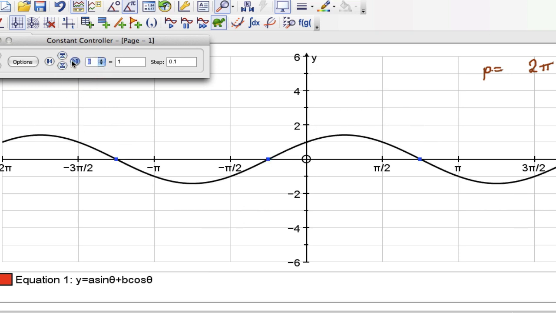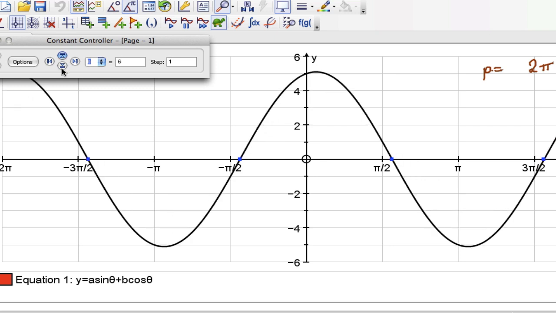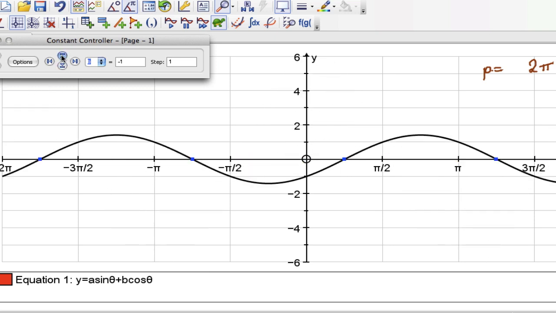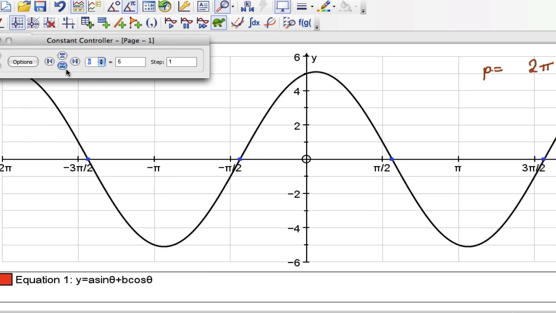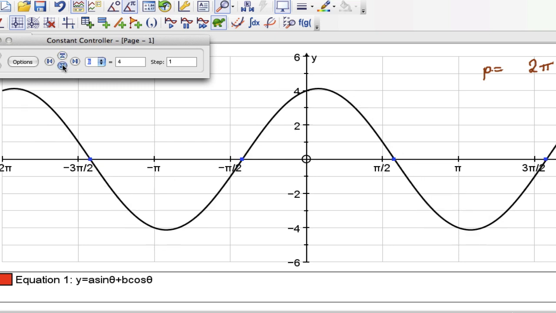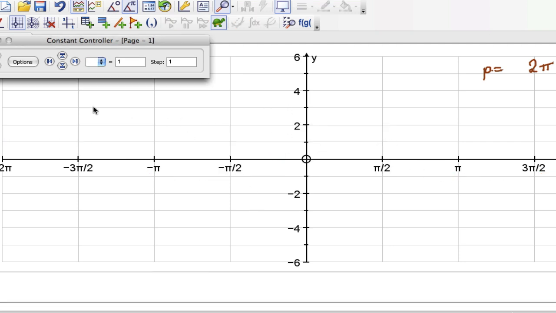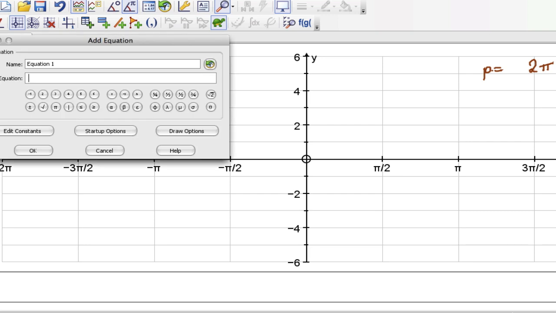And if I change b in steps of 1, again it's got the wave-like properties there. So it could look like a sine or a cos graph. Okay, interesting. Well, let's put b back to 1 as well. It seems to me that this graph here looks like a sine or a cos. So I'm going to delete this graph here, and I'm going to start over with a particular new graph.